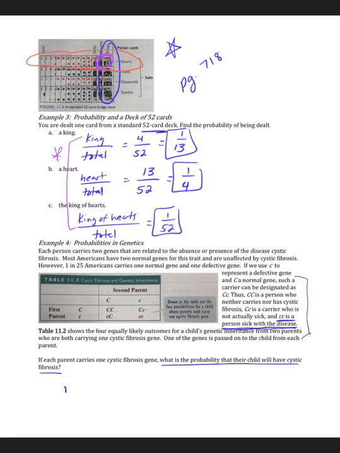So we want to find the probability of having cystic fibrosis, which means we want to find the 2 lowercase c's over the total possible options.